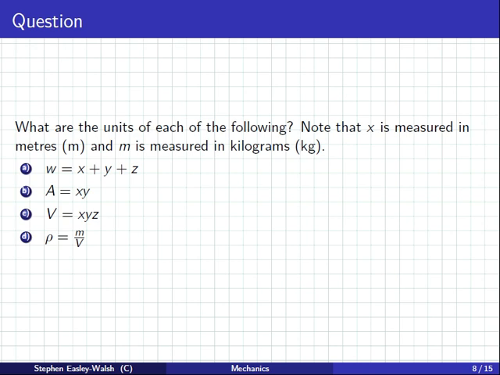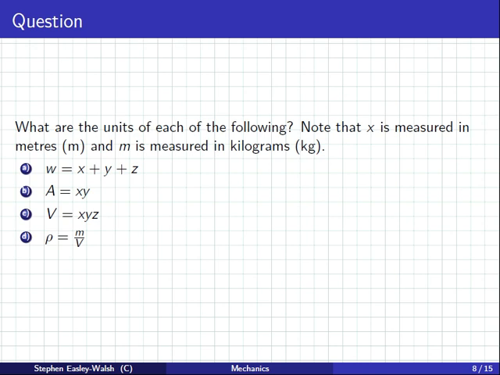All right, finished? Right. What's the first unit? Meter. Good. Second unit? Good. Third one? Good.